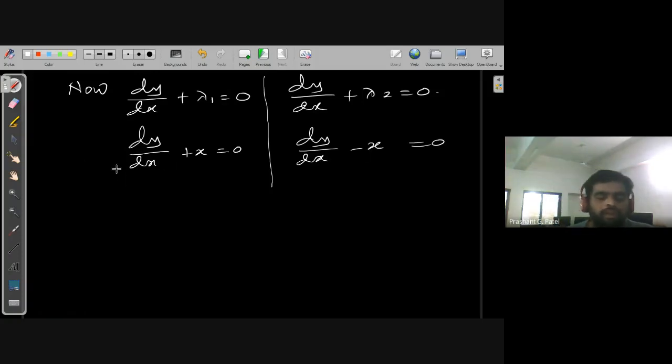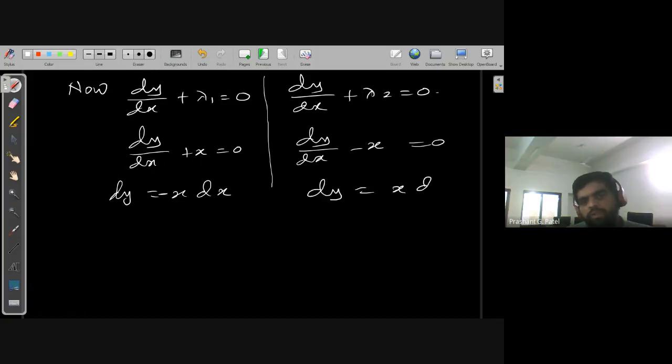Now we find the solution of this ordinary differential equation by the separable variable method. That means dy is equal to minus x dx here, and here dy by dx is equal to x, so dy is equal to x dx, we can write.